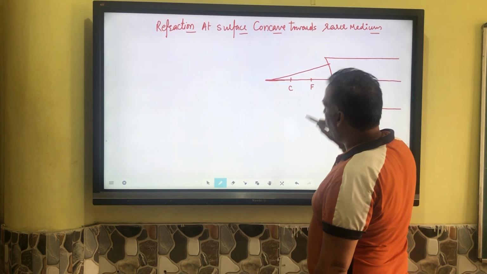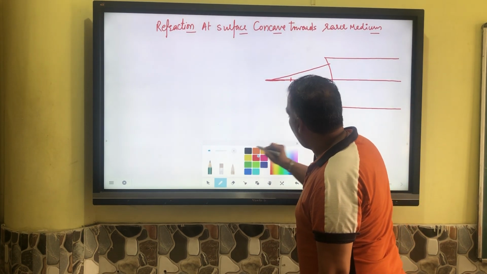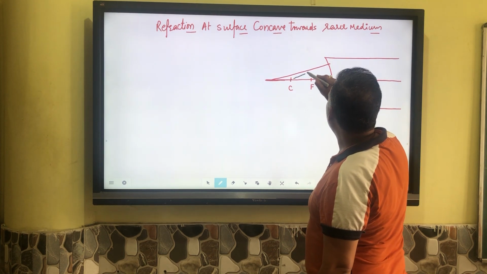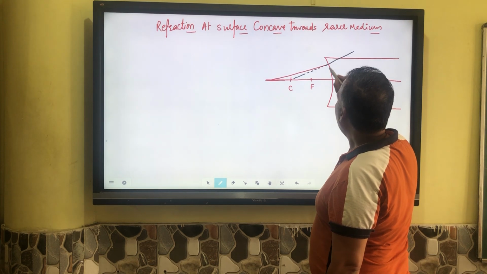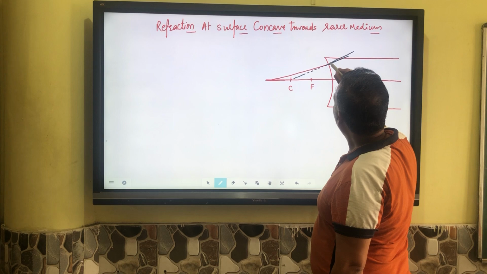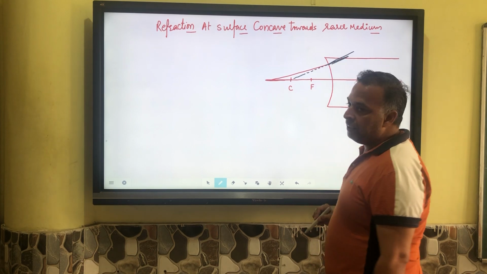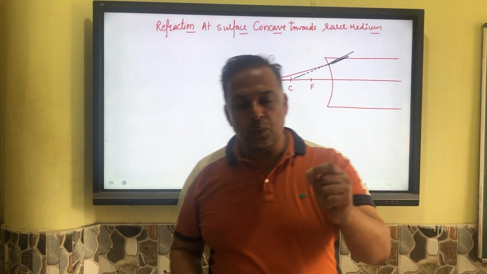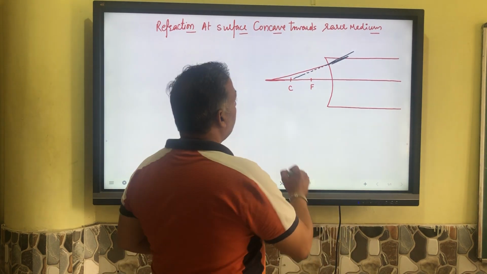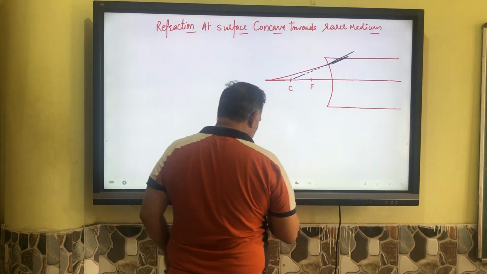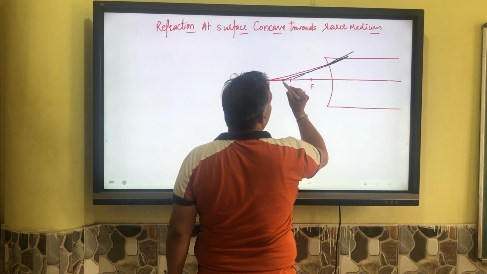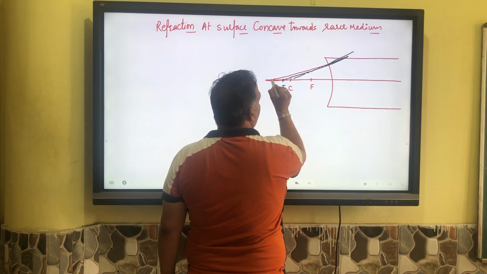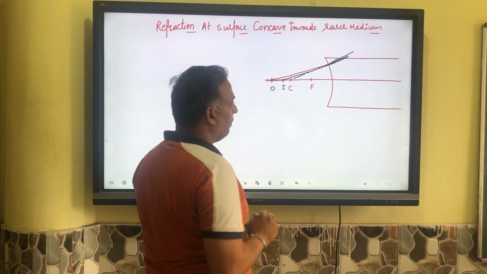If we draw the normal from this one, the ray is going in this direction. When the ray goes in this direction, the image formed will be at this point I, and this was the object.